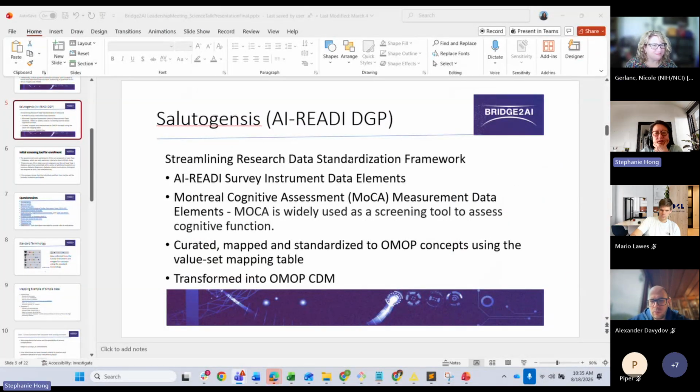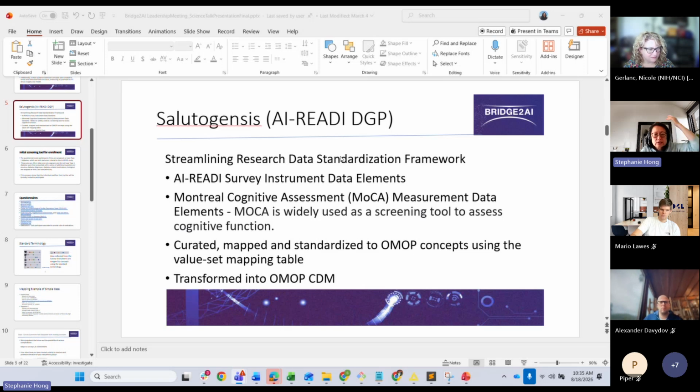Okay, so the AI ready DGP group, they call it Salutogenesis, and this is a part of the Bridge to AI consortium where we're collecting various different multimodal data to make the data available for AI use.